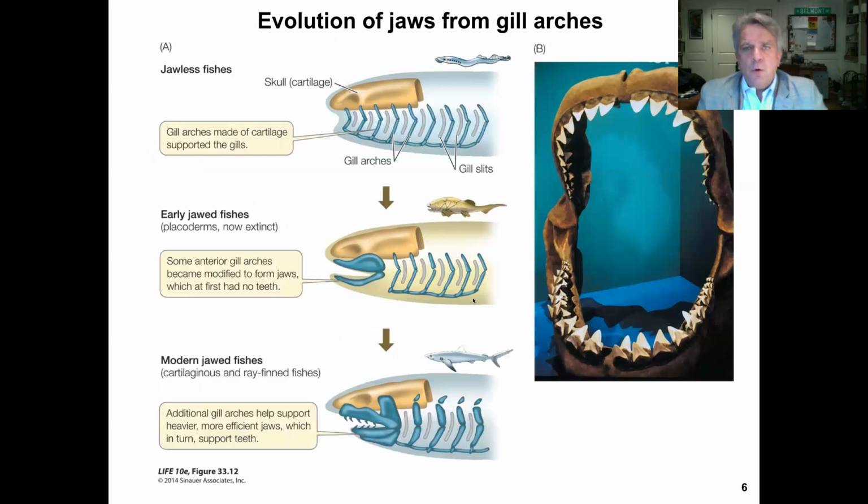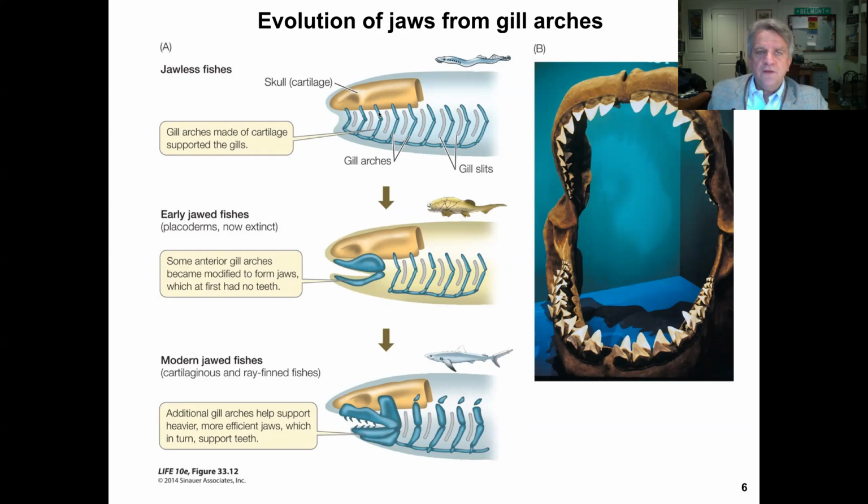Okay, now ancestrally, vertebrates were jawless. So they were likely mostly filter feeding, but there were some other predaceous lineages of jawless vertebrates. And basically, the general architecture of the anatomy is you have a skull with cartilage, and the gill arches that support the gills are made of cartilage.